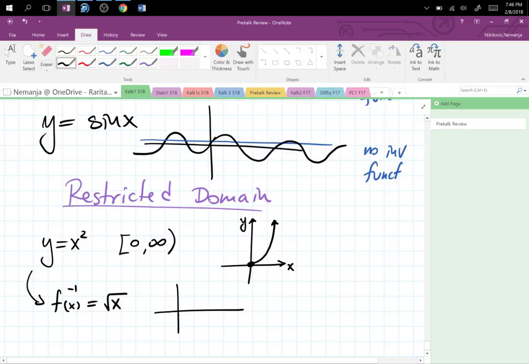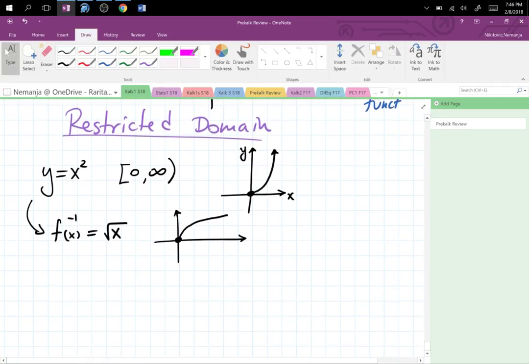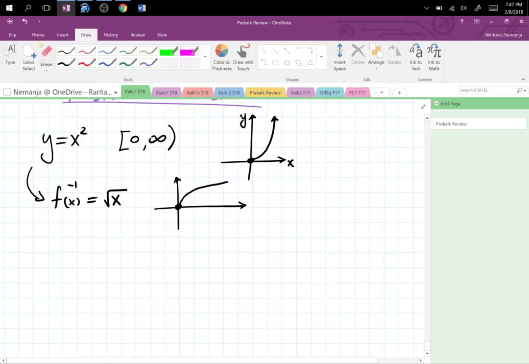And then your inverse becomes a function. Earlier we had this branch as well because of the negative, and clearly it was not a function. But now, when you restrict the domain, you get the inverse to be a function as well. So restricted domain fixes the issue, and we can have inverses be functions where originally they were not.